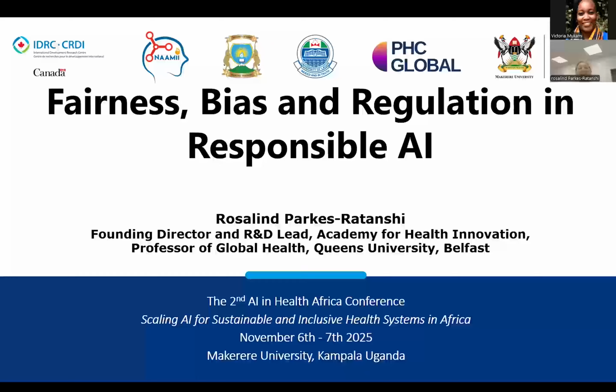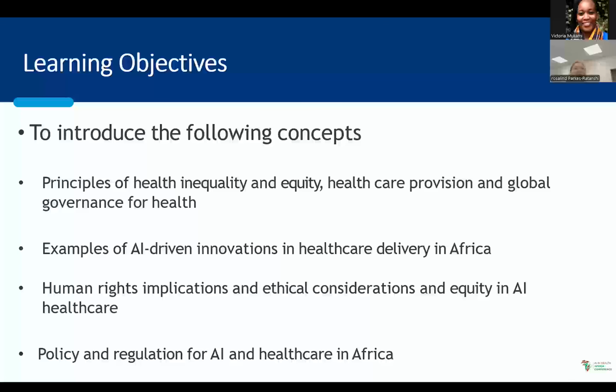Brilliant. Okay, so the learning objectives for this session are to introduce the following concepts, and they're concepts because we are going to touch on these things rather than going into deep dives. We're going to have a look at principles of inequality and equity, which are important when thinking about healthcare provision and global governance for health.